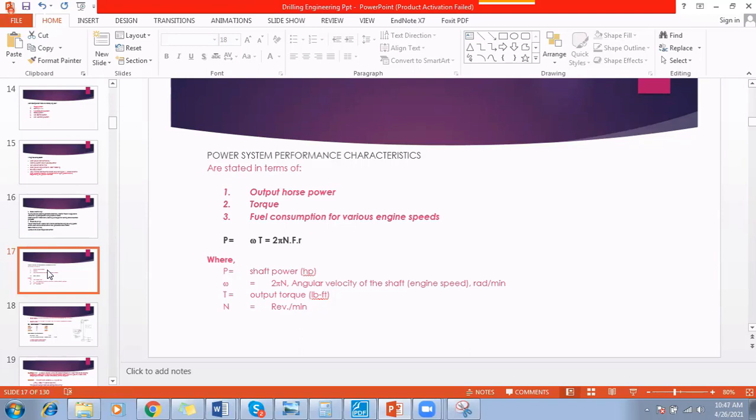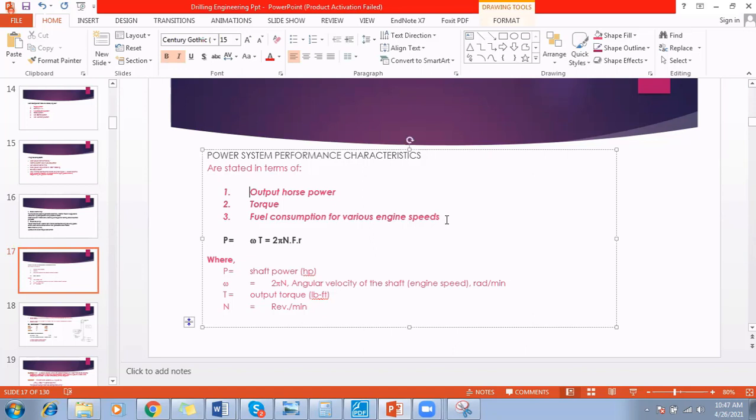How is the power system stated? If there are two rigs and you want to differentiate the efficiency of their power, you will use these terms to explain the performance of those rigs.